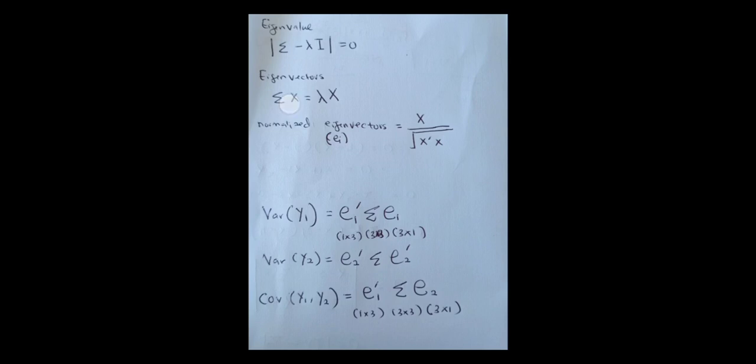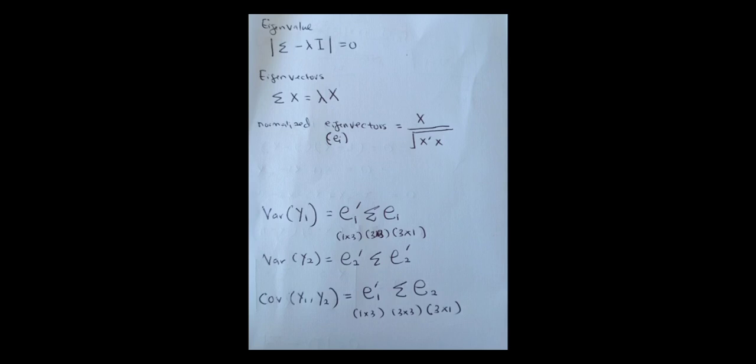Using this, big sigma multiply X equal to lambda multiply X. Okay, you know how to find these eigenvectors. Kalau lupa, tengok balik chapter 2. Okay, so yang kita nak cari the formula to find the principal components tadi, kita nak normalize eigenvector kan EI. So this is the formula. The eigenvector divide dengan square root of X transpose X. X ni ke atas ni adalah eigenvector yang you dapat when you use this formula.